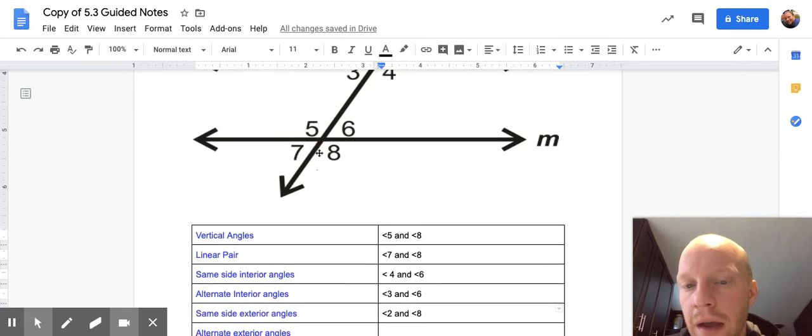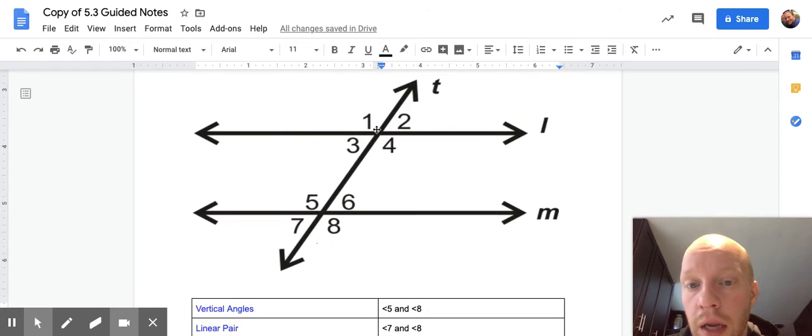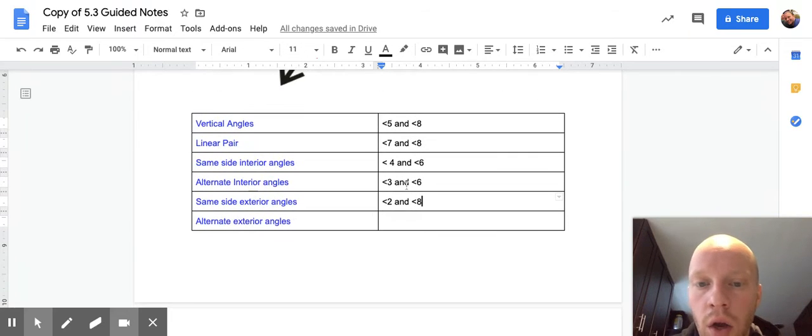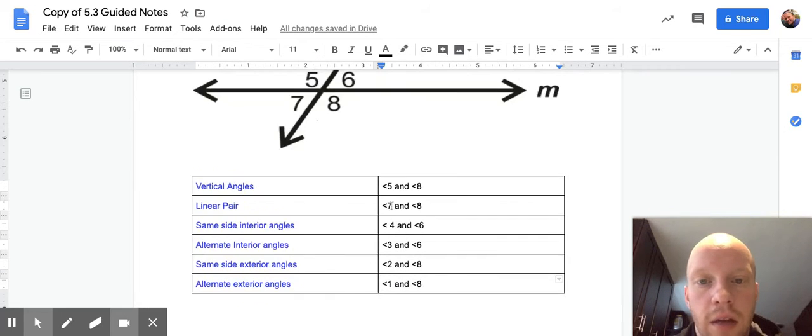But if I did angles 1 and 8, are they alternate sides? Yes. Are they exterior? Yes. So angle 1 and angle 8 are going to be alternate exterior angles. And once again, for this one, you just have to give me one more pair because that's all that exists on these set of lines.